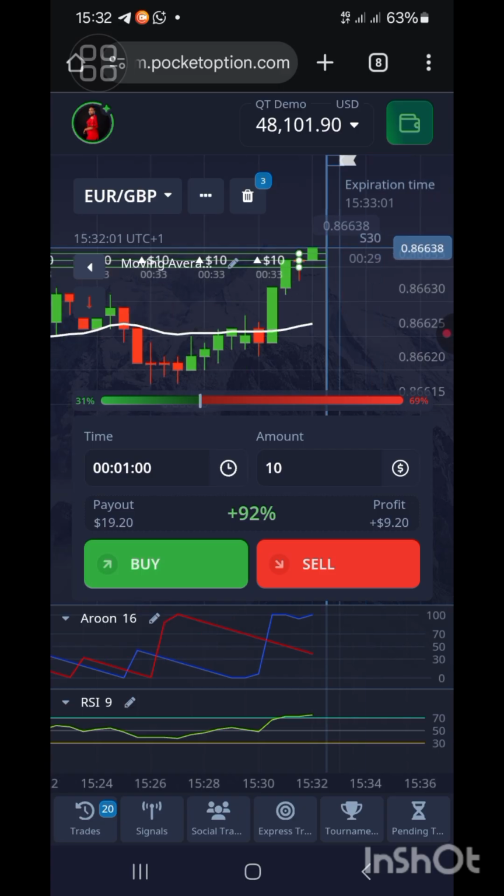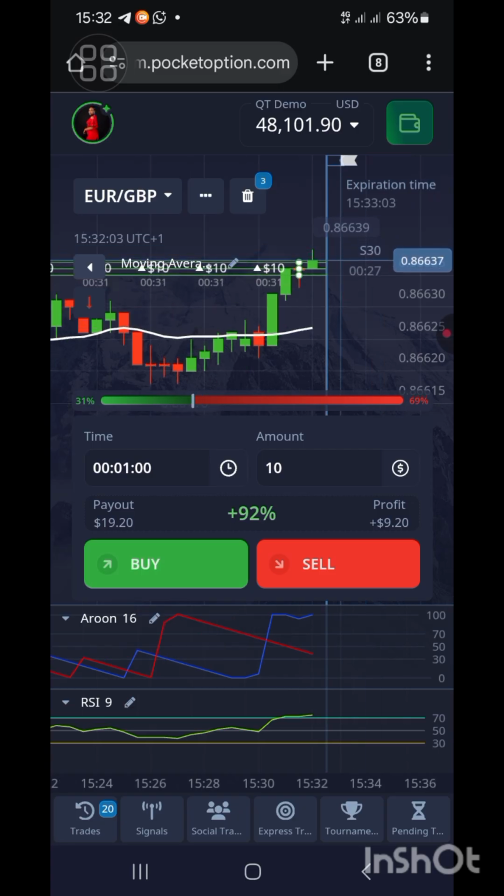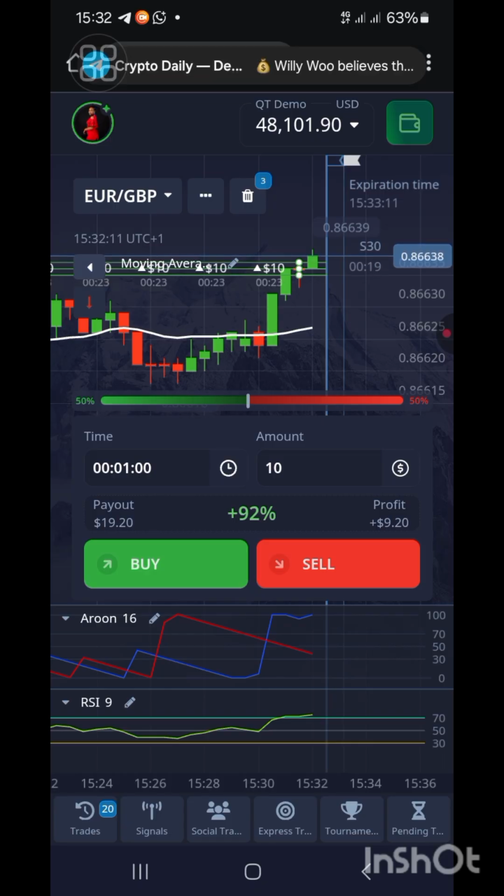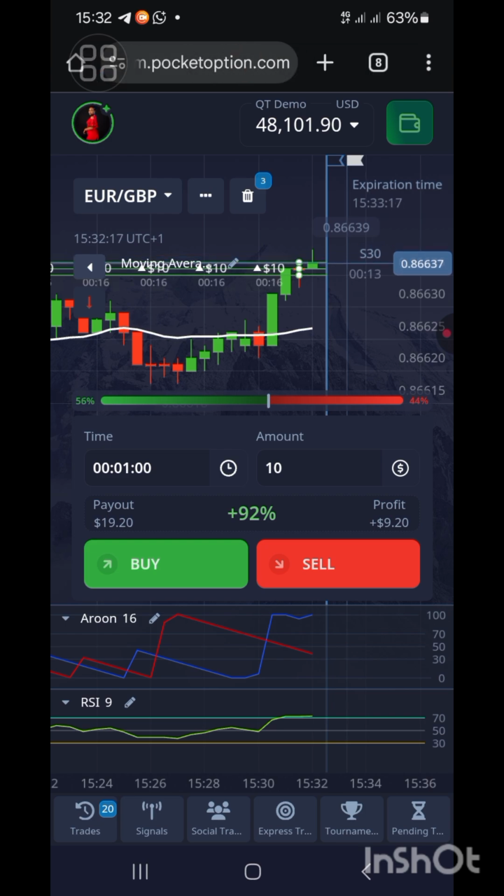It would have been better if, after the candle that the moving average crossed, the next candle had been taken, but we still hit it because the Arun is showing that the market, the buyers, are strong. It is pointing straight up on the 100. So it is a really, really profitable strategy.